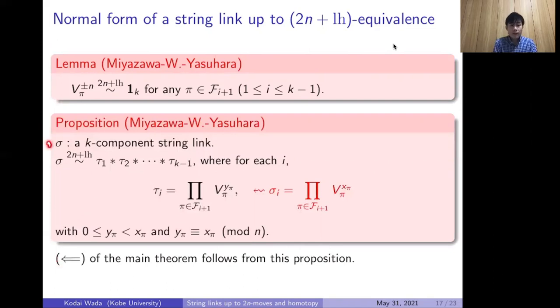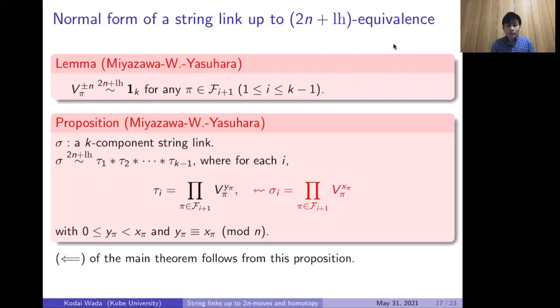Let sigma be a k-component string link. Then this sigma is 2n plus LH equivalent to the stacking product of tau_1, tau_2, up to tau_{k-1}. For each i, tau_i is the k-component string link of this form. More precisely, the stacking product of b_pi to the power of y_pi.